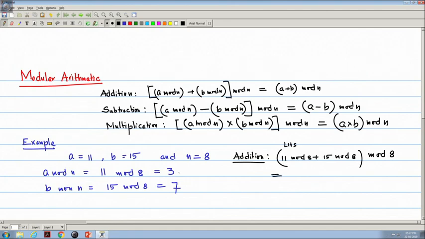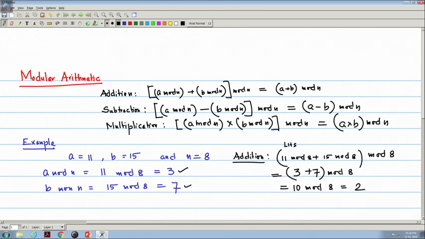So, 11 modulo 8 we have seen is 3, 15 modulo 8 we have seen is 7, so 7 plus 3 modulo 8 is 10 modulo 8, which is equal to 2.